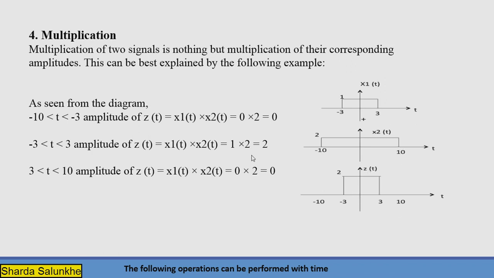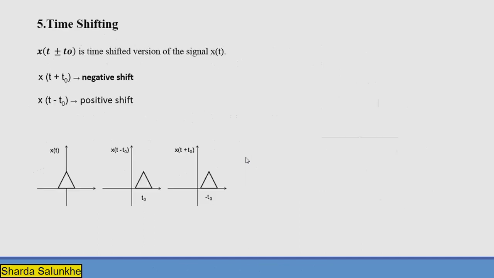So up to this point, addition, subtraction and multiplication are operations performed on the amplitude factor of the signal. Now we are going to look at some operations which consider the time factor of the signal. Next one is time shifting. Time shifting means the signal is shifted towards positive infinity or negative infinity.